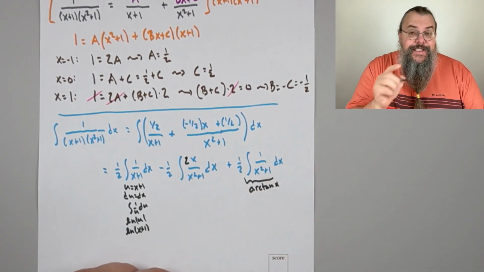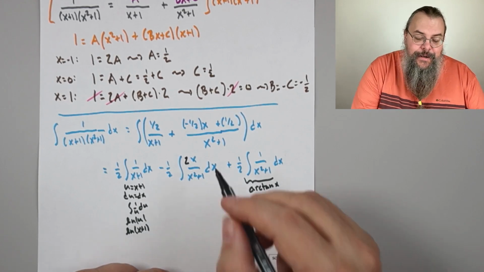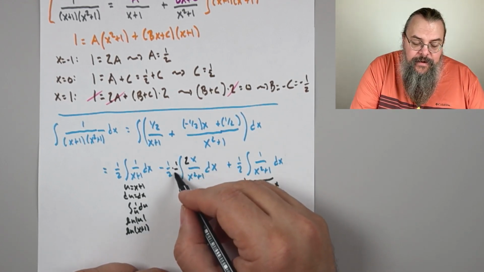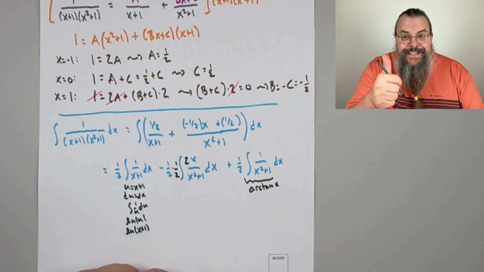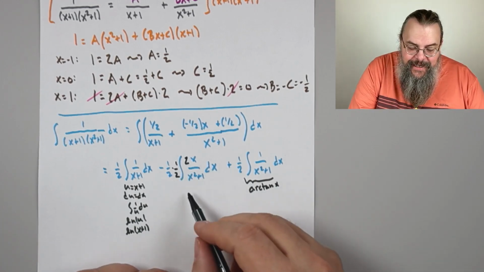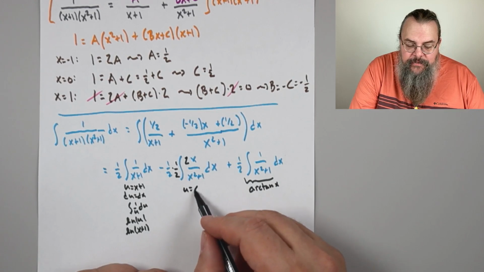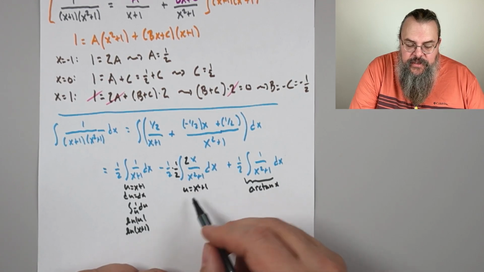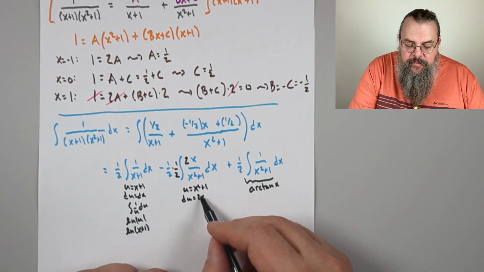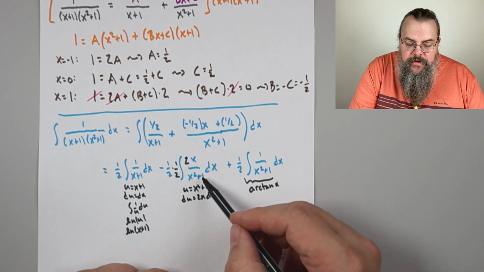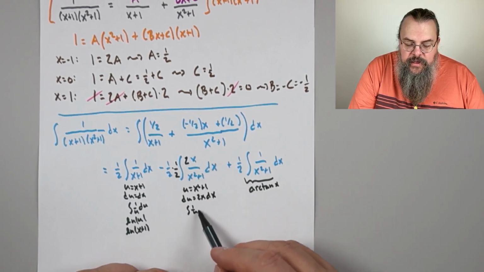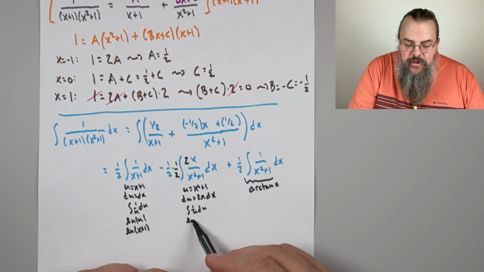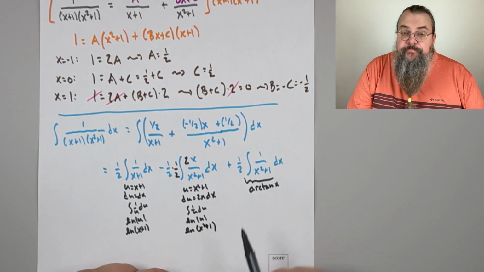Right, I just can't put a 2 there, but I can if I put a half there. Right? 2 times a half, good to go. And now we have the function in the bottom, the derivative of the function in the top, and it's similar to what we just did. We have the integral of 1 over u du, and we say, oh, it's again a natural log. In this case, it's a natural log of x squared plus 1.